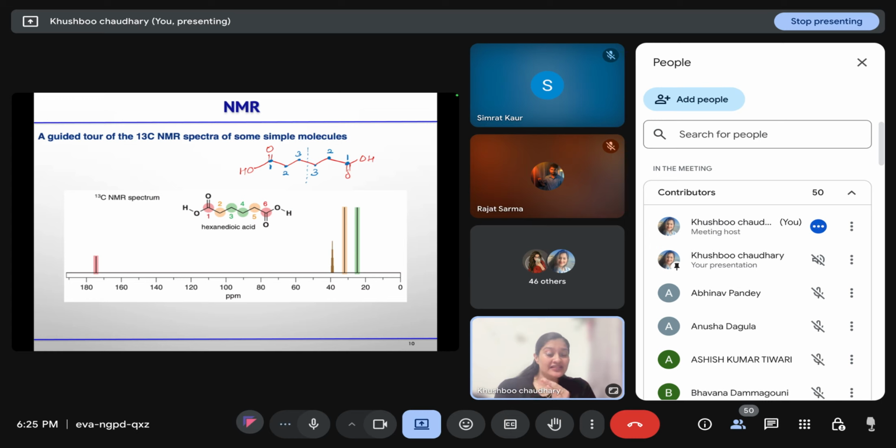So there are six different carbon atoms in hexane dioic acid, but the number of signals we are getting is three, because whenever you have a plane of symmetry in a molecule, equivalent carbons will give only one signal. And based on the integration, we will get the idea of how many carbons are there in the molecule.